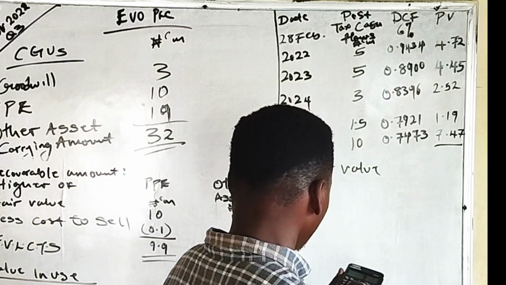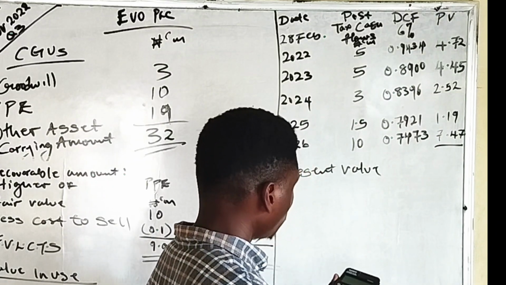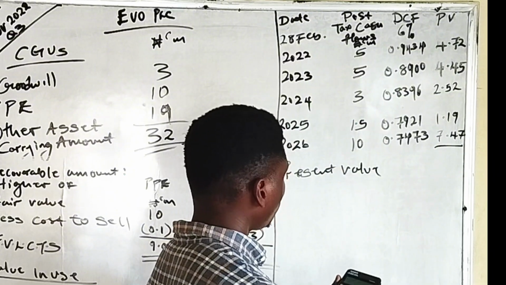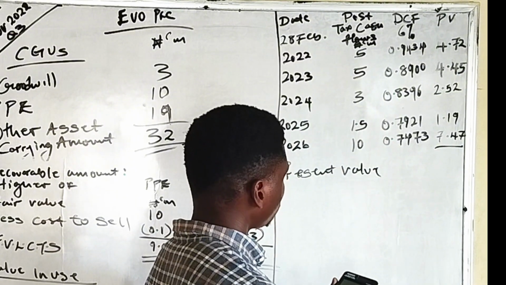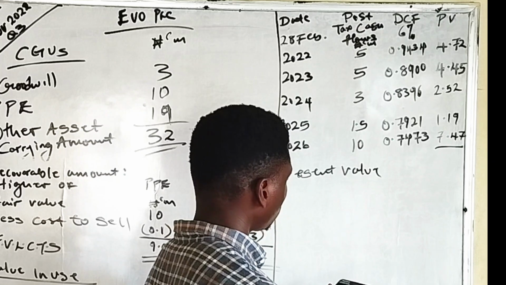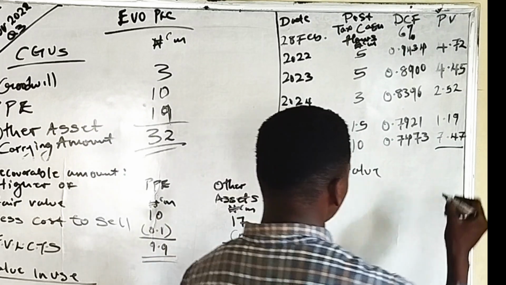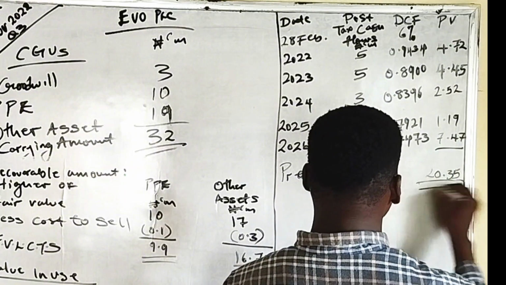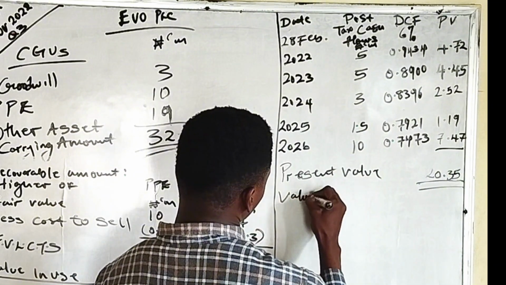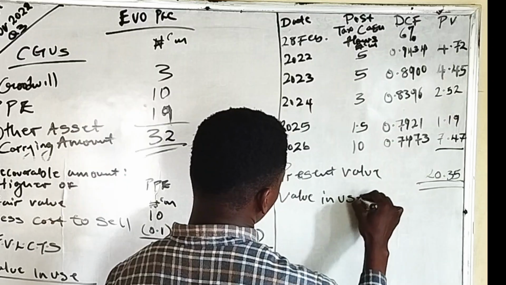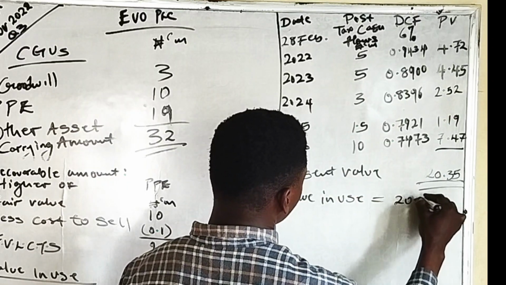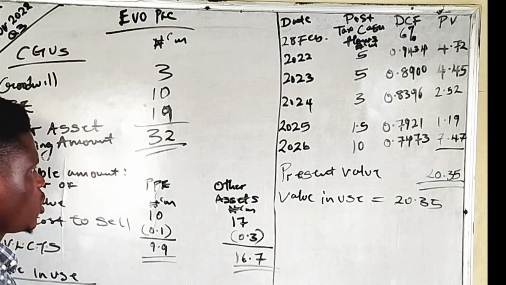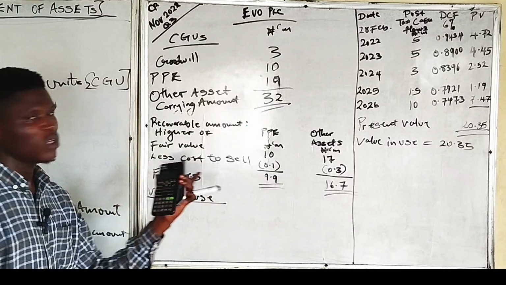So the addition of everything, which is 4.72 plus 4.45 plus 2.52 plus 1.19 plus 7.47 gives us 20.35. So the value in use is 20.35, while our fair value less cost to sell.